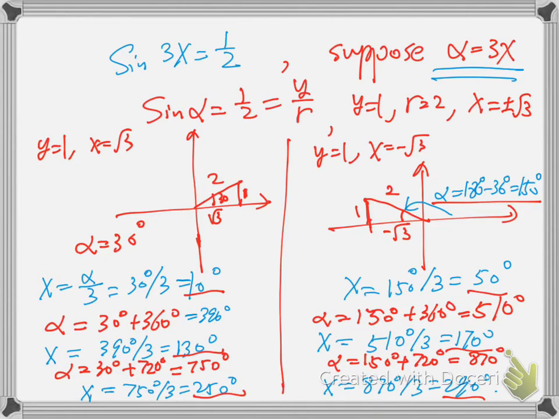So now the next one is the equation. This is easier. We know 3 cosine alpha plus 2 is cosine alpha plus 1. First we solve this equation for cosine alpha.